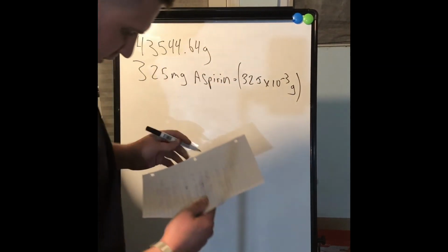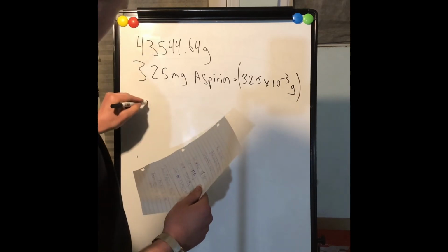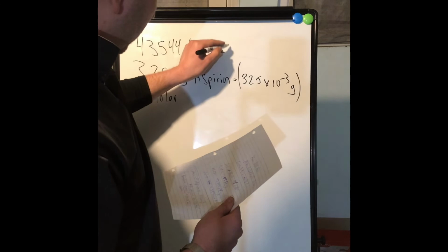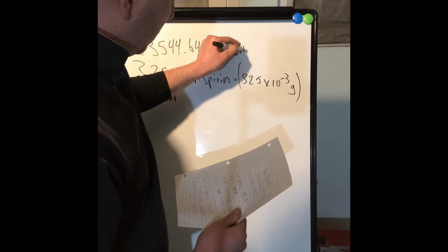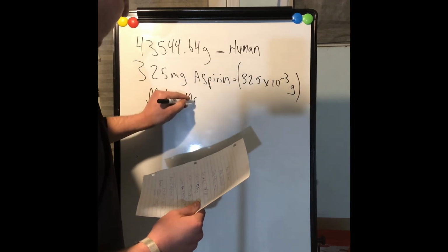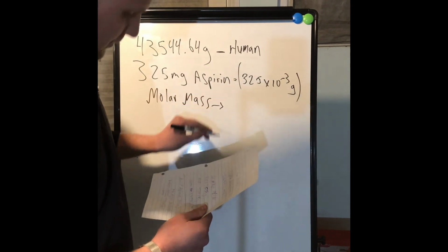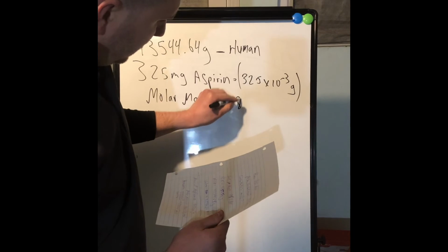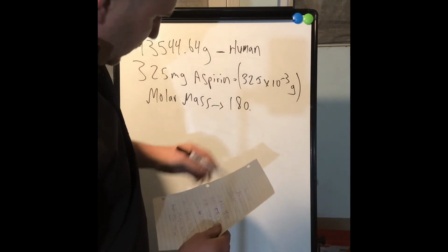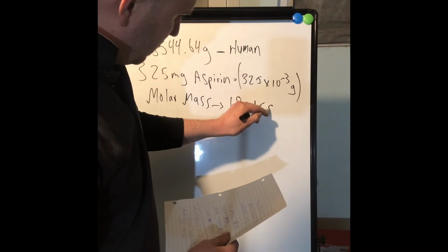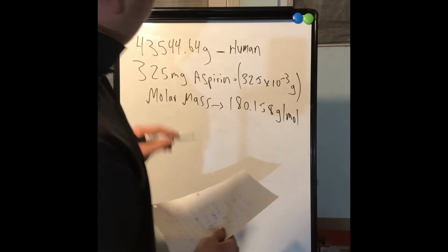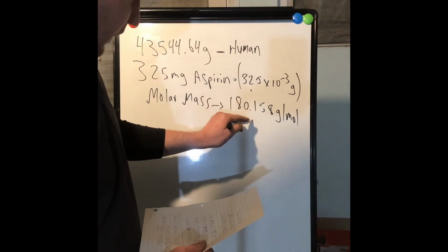This is our human. And we know the molar mass of aspirin is 180.158 grams per mole. So now we're going to divide this by that.